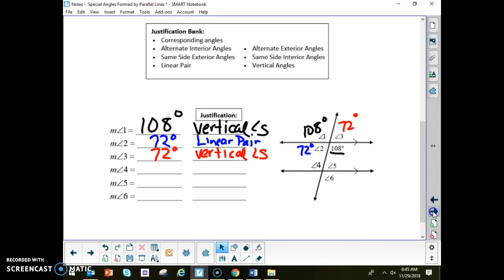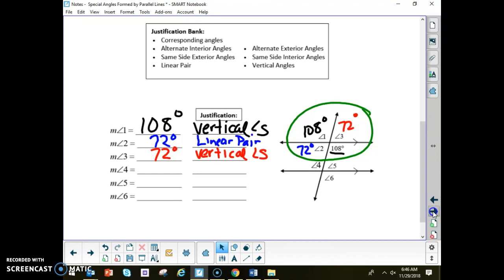So we have all of these done, and these are on the inside, or on this particular parallel line cut by the transversal. Now we have to jump down, and this is where all of these other pieces come into play.